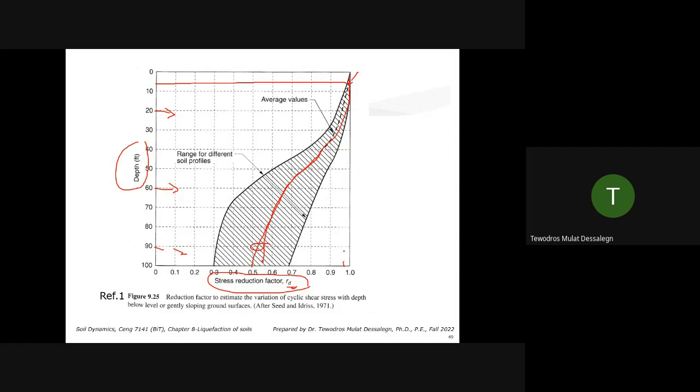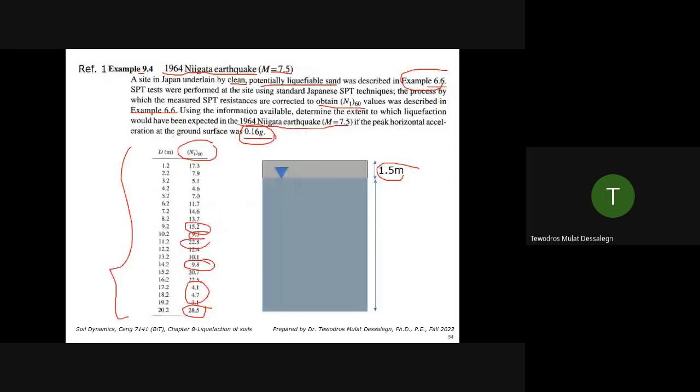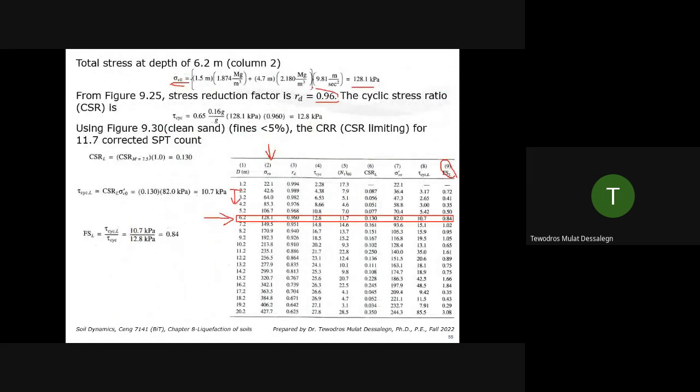Pretty much 0.9 something. 0.96 is rd. Then the cyclic stress is, we take 65% of the peak ground acceleration, total stress, and rd, and you get 12.8 kilopascal. So cyclic stress is 12.8. This is this column. So rd is also this. We already got 0.96. So it's giving you this line, this calculation.